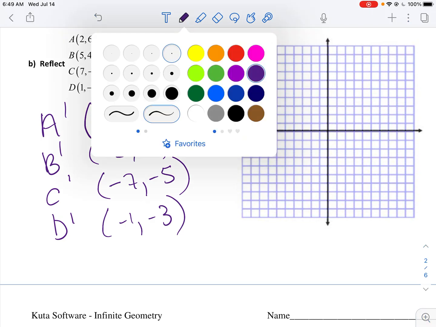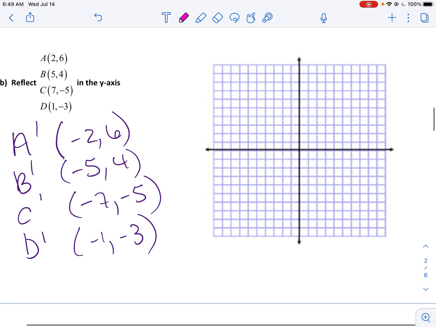Okay, so we're going to graph the original. So I go over 2, and I put A not prime. Then over 5, up 4. And that's B. That's 7, and it's down 5.